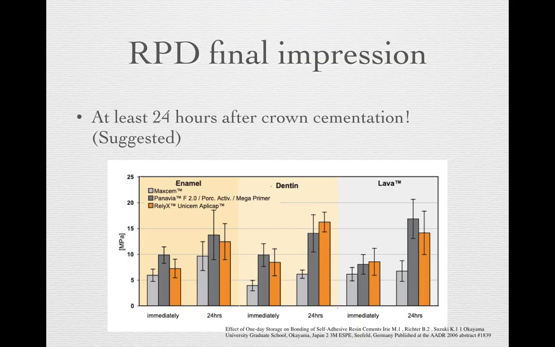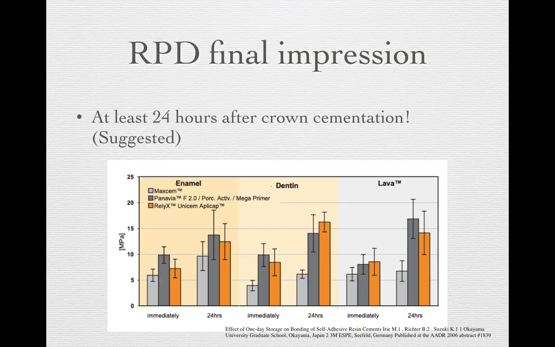The final error that is easy to happen is that you plan to do the RPD final impression at the same time. The problem is, remember, because you deliver a crown, the crown is cemented onto the tooth. And we do know that in the first 24 hours, the cement retention will change, and after 24 hours, it will become more stable.